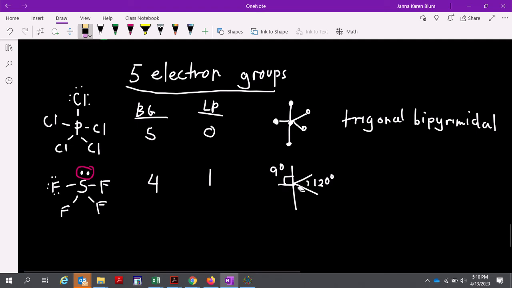They're going to go around the middle because they have 120 degrees around the middle. So the lone pair is going to go on the equatorial because it has more space.